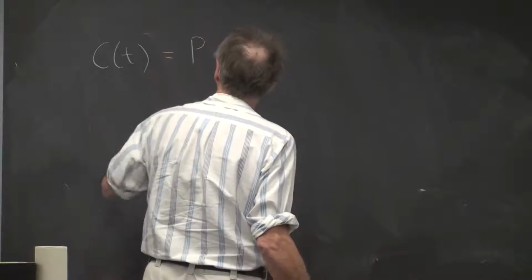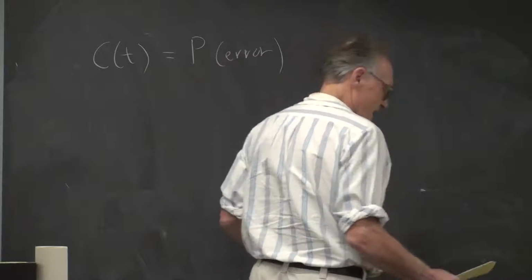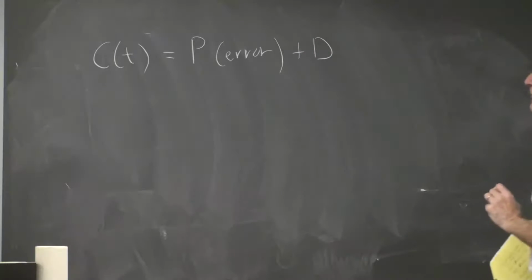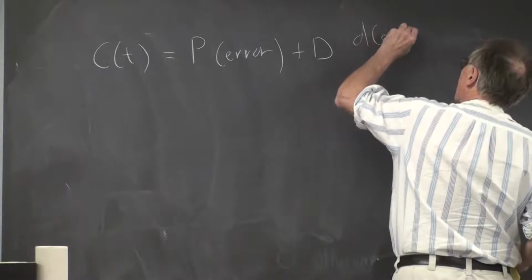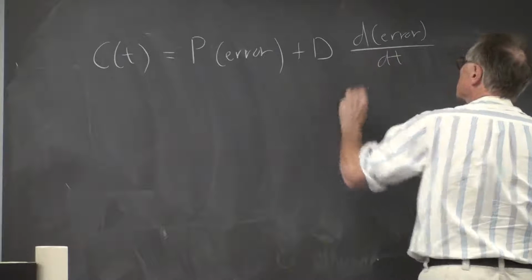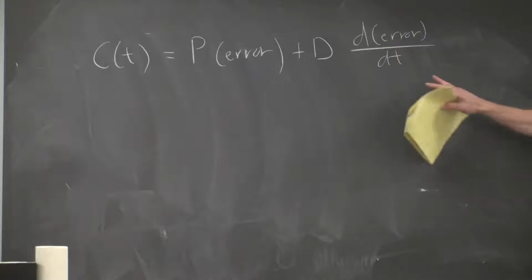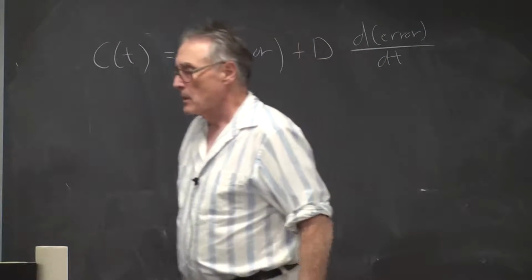There's going to be some proportional constant times the error that you're going to get by the subtraction, plus some differential coefficient which you're going to choose, times d error dt. So your controller now is going to have two coefficients, a proportional term and a differential term.